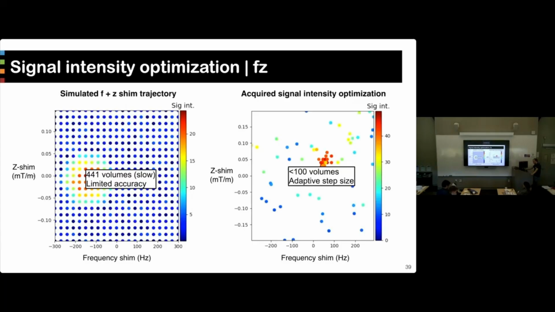But what we see is that we mostly converge, usually with F and Z, in roughly around 30 volumes. So this is really promising, I think. And the great thing as well is that you're not limited in accuracy by what you choose at the beginning. You can converge to something that's much more specific than the step size that you set when you do Z shimming, because that step size is limited.